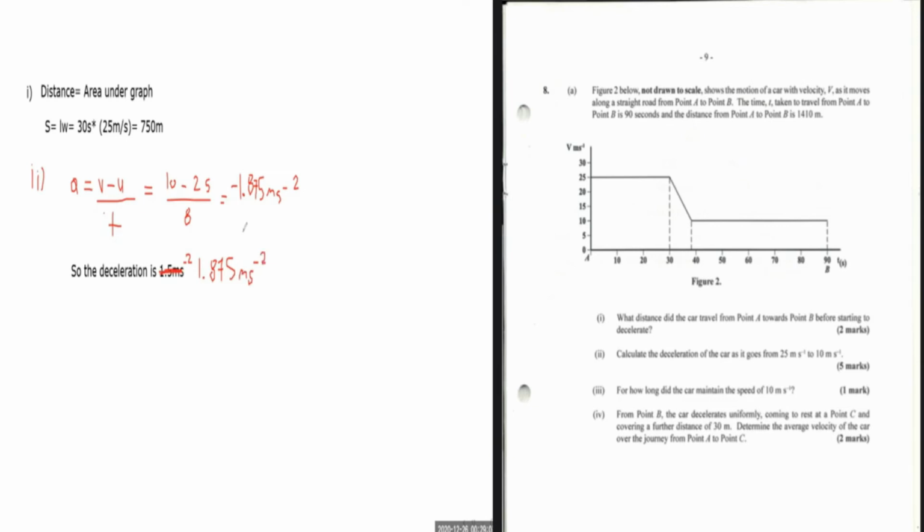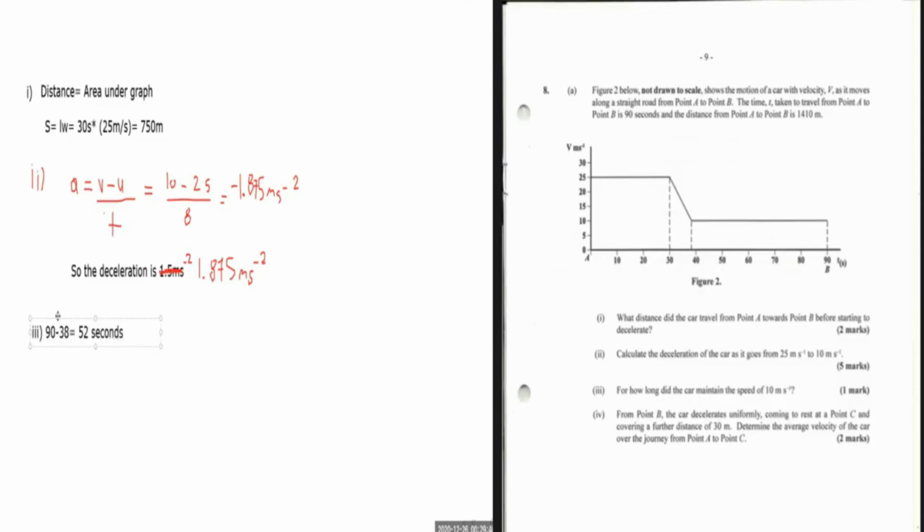Then they asked, for how long did the car maintain 10 meters per second? It maintained it from 38 straight up to 90 seconds. So this is part 3. We're just going to work out 90 minus 38, which is 52 seconds.